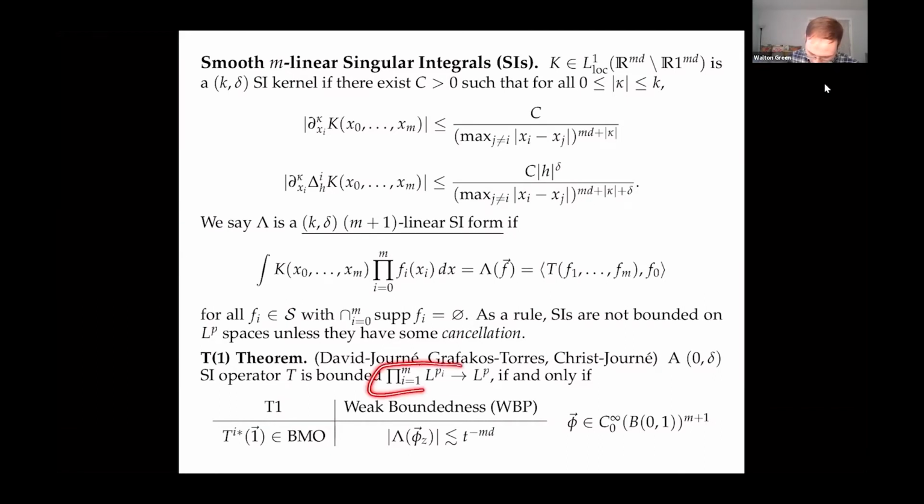And I've written here LP and LPI, so always LP and PI will be Holder conjugates, some Holder tuple. So I'm not going to write that 1,000 times. We just always assume that these PIs satisfy the Holder conditions, and the PIs they always have to be between 1 and infinity.